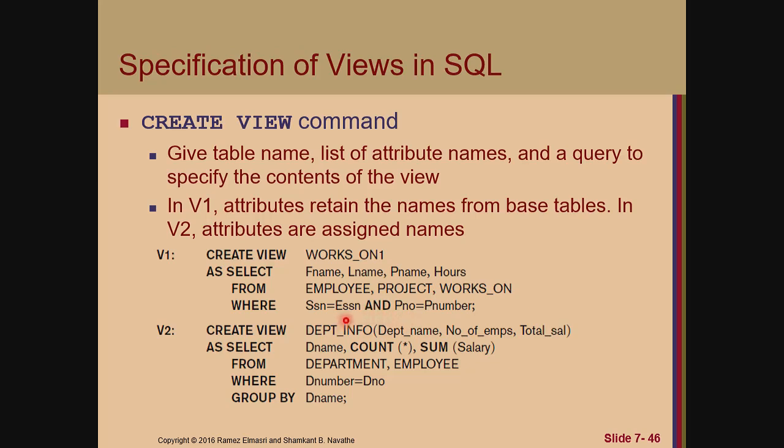And the data that we select to insert into the view is from here. Select department name, but in the result of the view, this appears as the department name here, not the name. And count star becomes number of employees, and sum salary becomes total salary. So in the view, we change the names of the result.